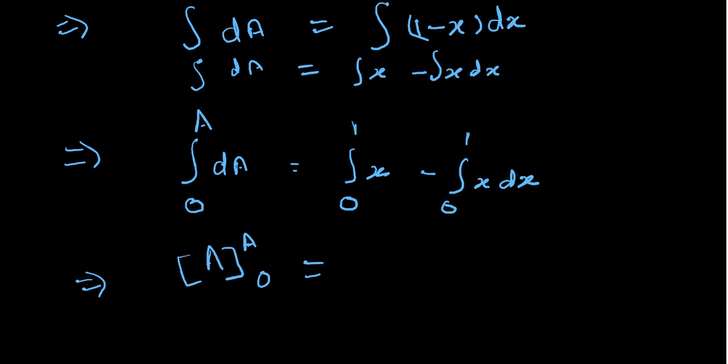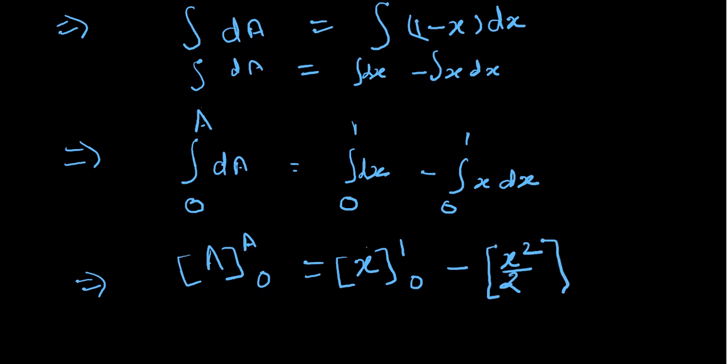We simply solve through this bracket, (1 minus x) dx, dx minus x dx. Now the integration of dx is x, with upper limit 1 and lower limit 0, and the integration of x dx is x square by 2, with upper limit 1 and lower limit 0.